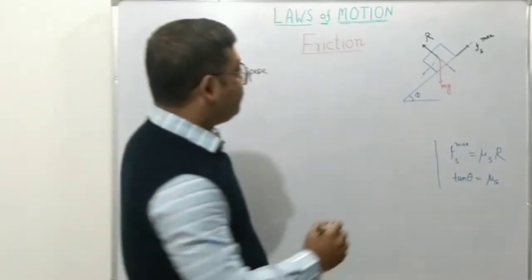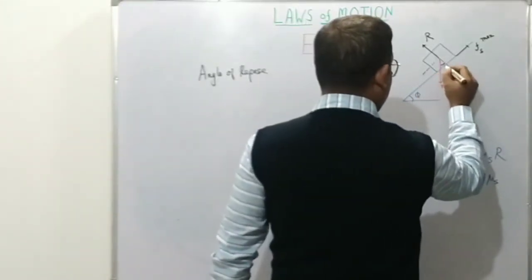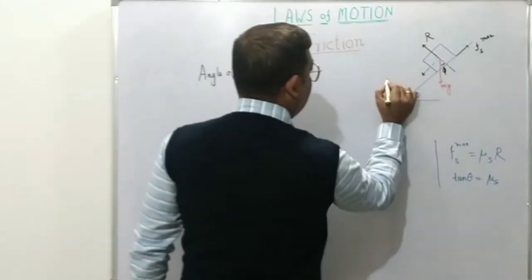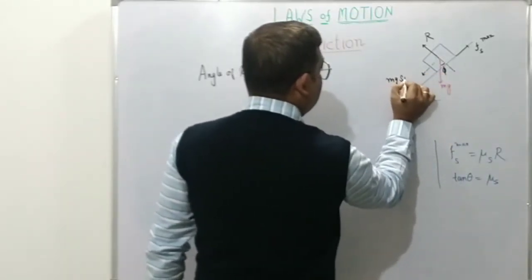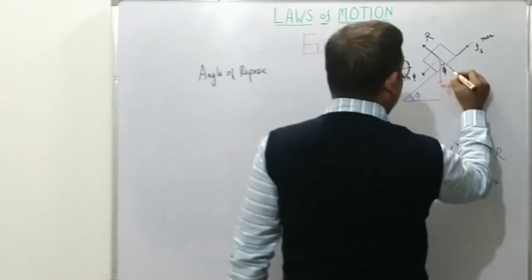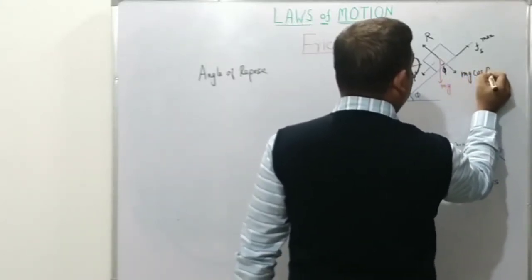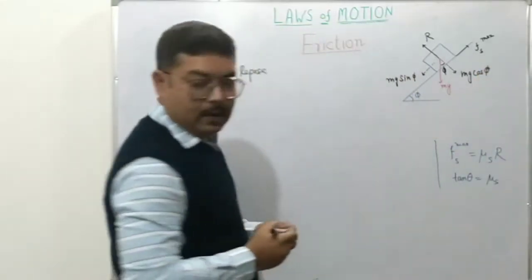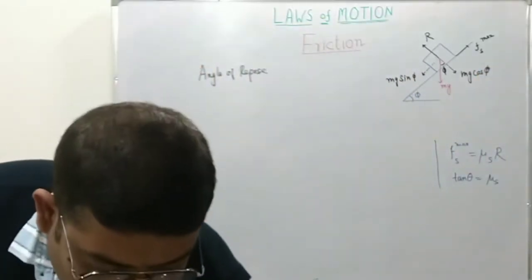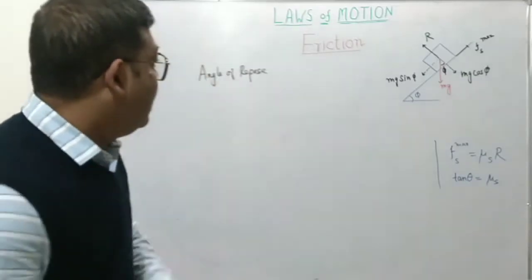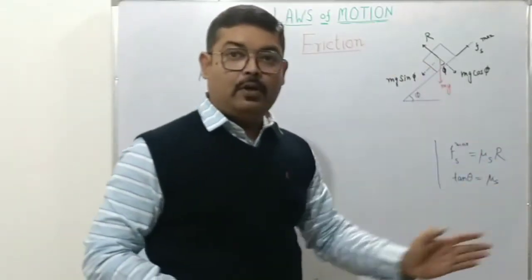Now, since this angle will, by geometry, be equal to phi, this component will be equal to mg sin phi, and this component will be mg cos phi. Now it has become easy for us to find the equations of motion along the plane and perpendicular to the plane.